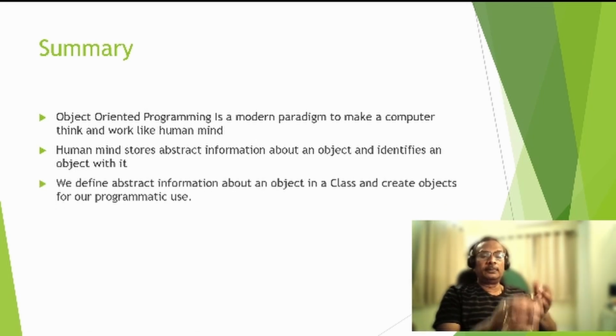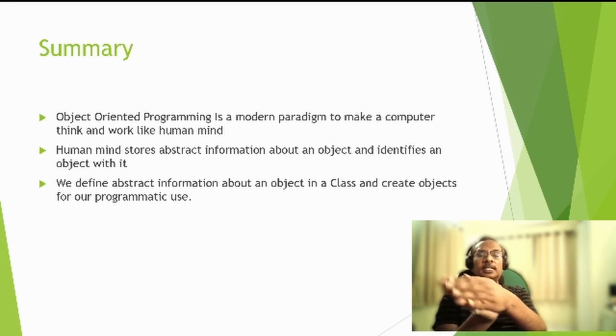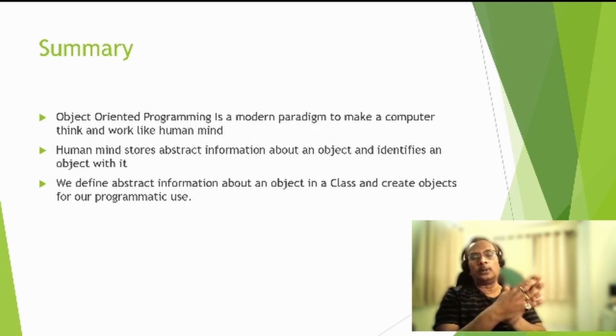We define abstract information about an object in a class. We define properties, we define functionalities, and then we encapsulate them in a class, and then we use this class to create objects for our programmatic use.